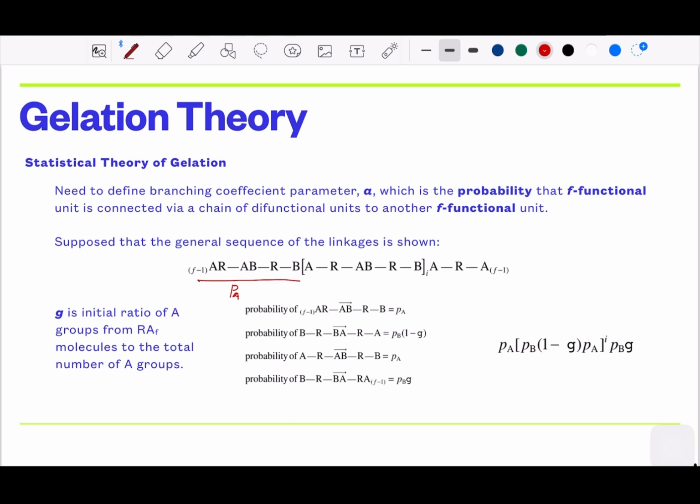It's because these two is this one, and then the other one is this PA here, and then the other part is BR. So here, BR, BA, RA from the right.